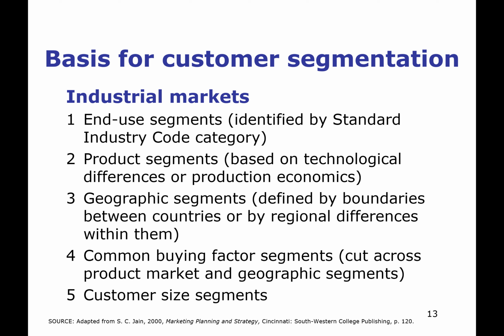It might be that you have an industry that uses your product for one purpose and another industry that uses it for another purpose, but they might be available across all geographic areas. And finally, you can segment by the size of the company that you're servicing. You may have different ways, for example, if you're a soft drink producer, of dealing with corner stores compared with the way you deal with supermarkets.